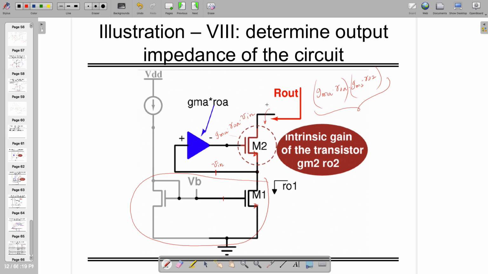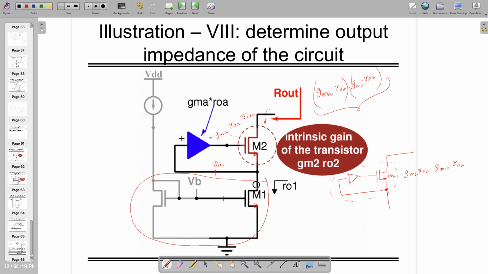But if you are looking from the top, you are going to have this kind of configuration. From here to here, it's effectively gm2 times ro2 times gmA times roA.